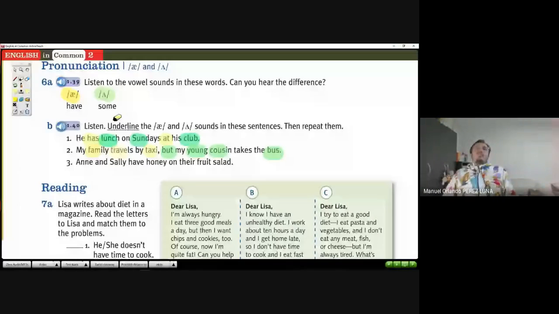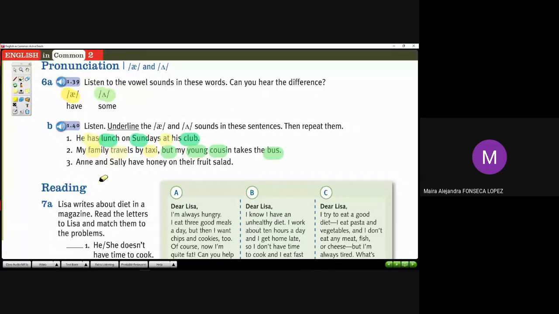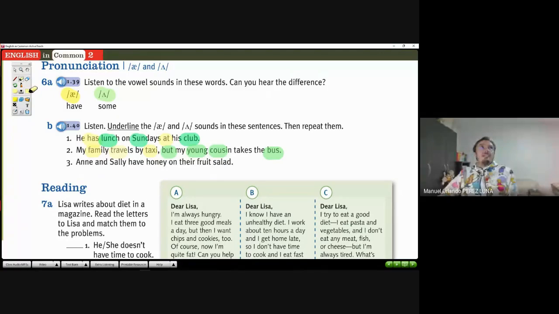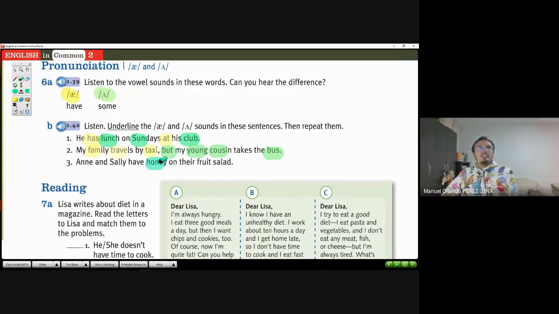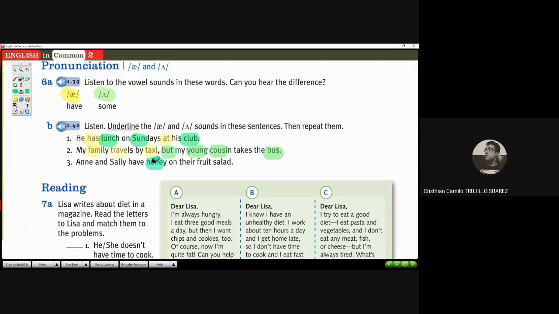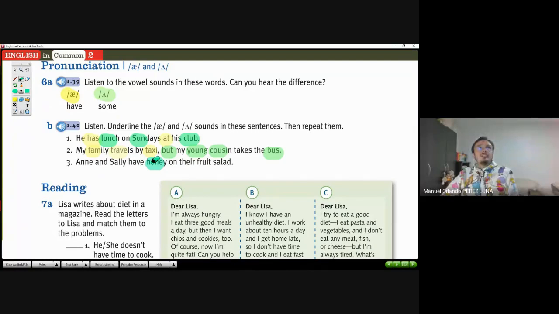And let's go with number 3. It says there, Anne and Sally have money on their fruit salad. Honey. It is with a. Yellow. Have. Honey, have. Ya la tenemos aquí, tenemos el ejemplo.